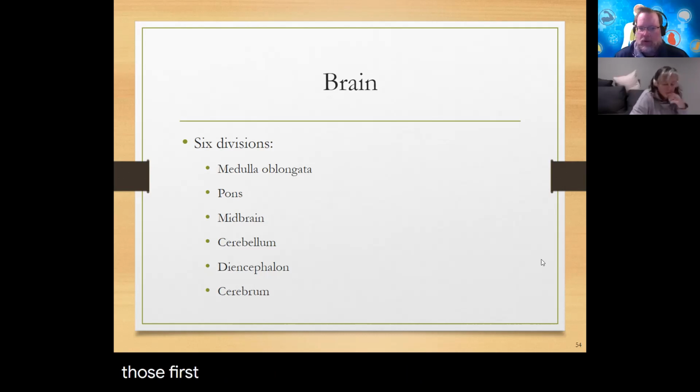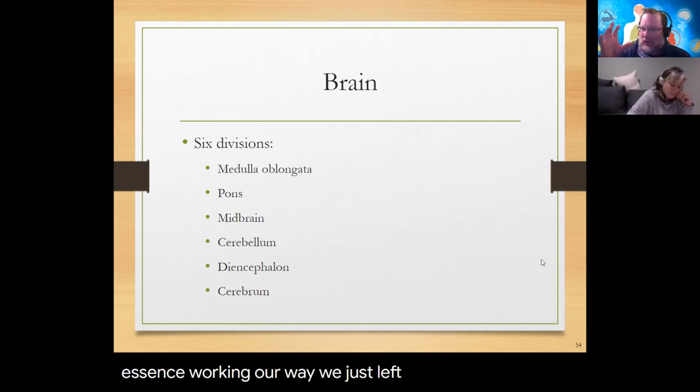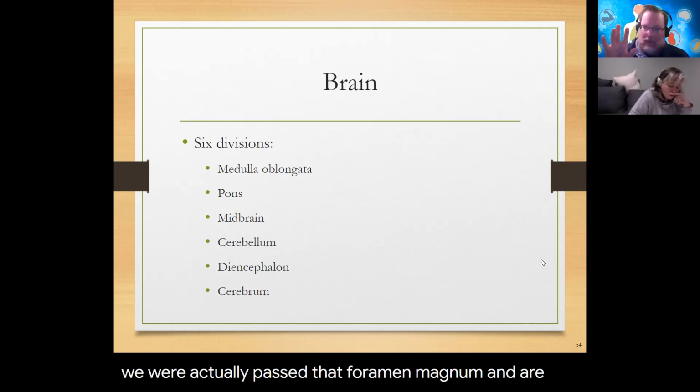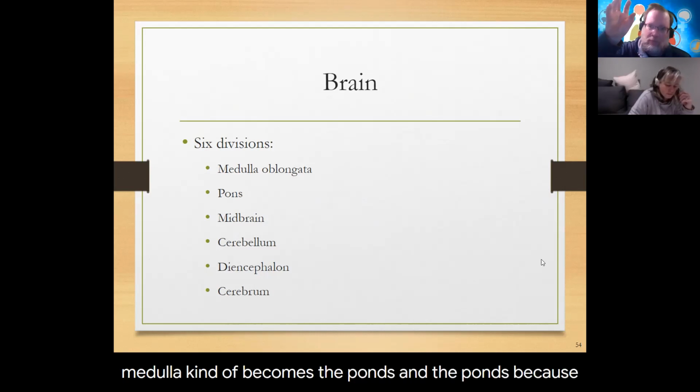We just left the spinal cord, so now we're past the foramen magnum and inside the cranial cavity. At that point, the spinal cord basically becomes the medulla oblongata, and then the medulla kind of becomes the pons, and the pons becomes the midbrain.